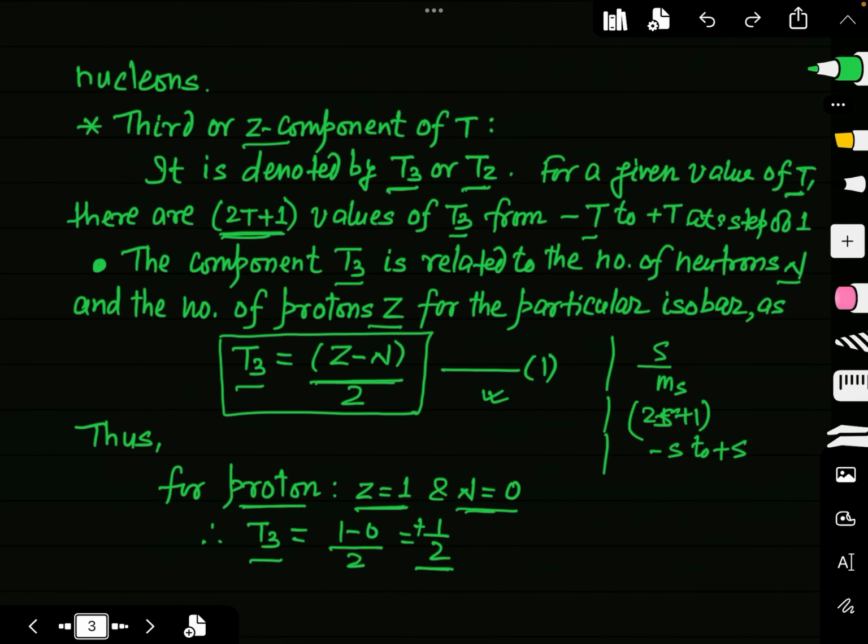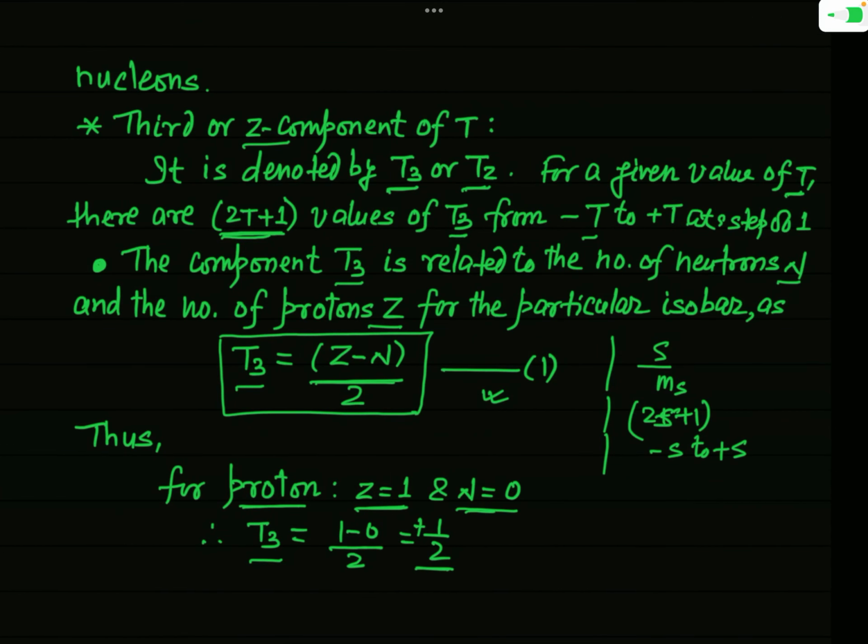So taking T equal to 1 by 2, we can also find what will be the value of this T3. Since T is equal to 1 by 2 for a nucleon, T3 will be 1 by 2 and 1 by 2 minus 1, that is 1 by 2 and minus 1 by 2.